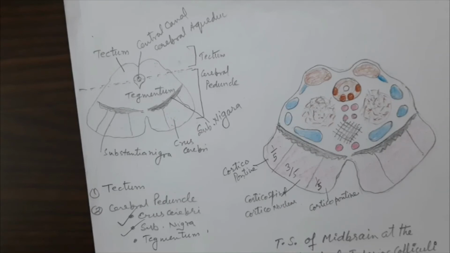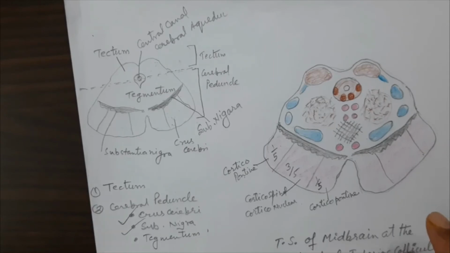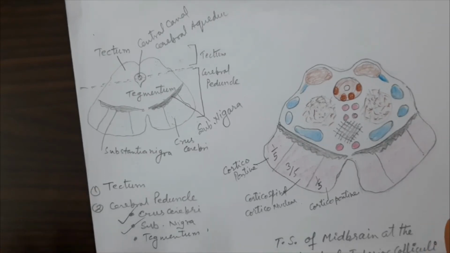The tegmentum is made up of both white matter and gray matter, and it is an upward continuation of the tegmental part of the pons. It consists of ascending and descending tracts, and it also has nuclei, that is, gray matter, which we will see just now.